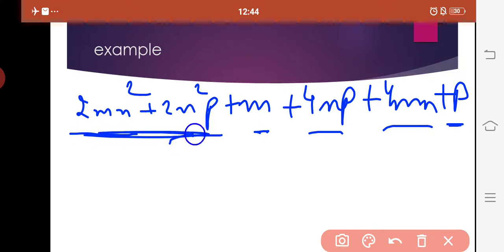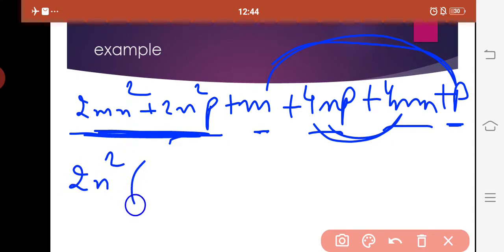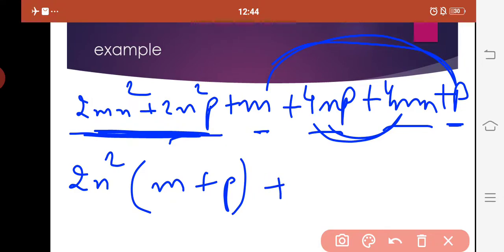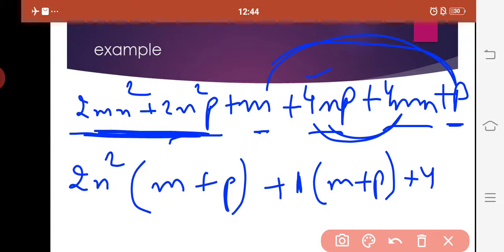Let us take these 2 and these 2 and then these 2. So if I take 2n square common, we will be left with m plus p. Now m plus p, nothing is common, so 1 is common, m plus p. Now again here 4 is common, and this is np and this is mn, so n we have taken out, and this is p plus m.